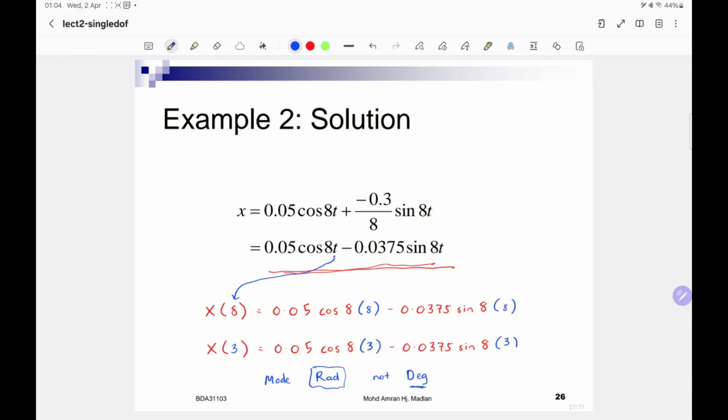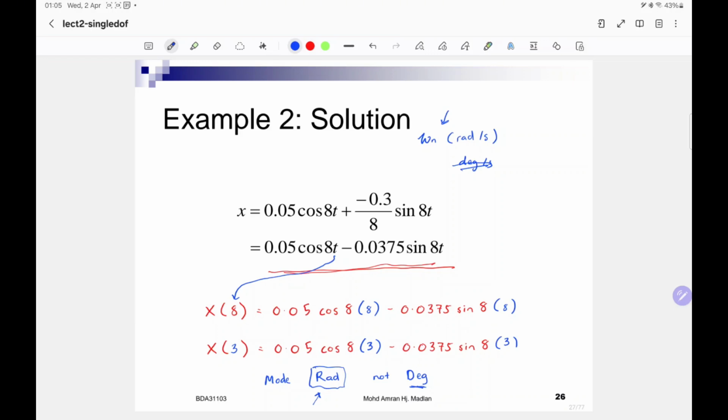Why can't we use degree? This is because we know that omega n has the unit radian per second, and not degree per second. So you must make sure that the unit in your calculator is in rad, not degree, and the reason is because omega n is radian per second.